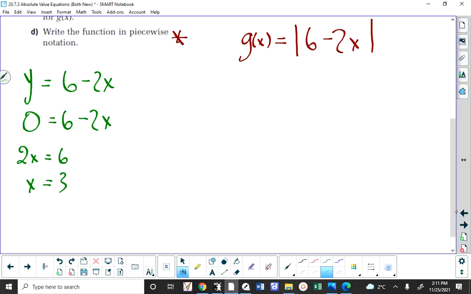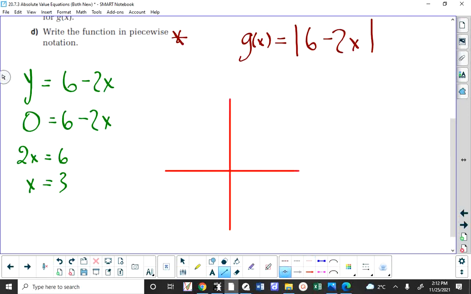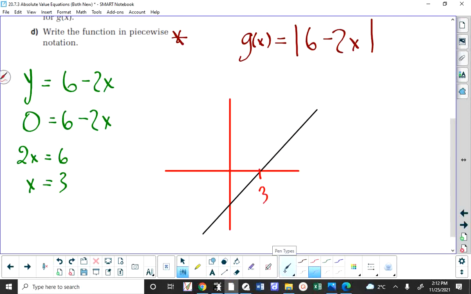So think about this for a second. The graph either will look like this, crossing at 3, in which case, when we write this as a piecewise function, the 6 minus 2x piece would be where x is greater than or equal to 3.